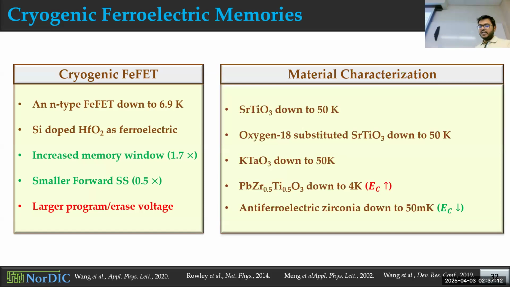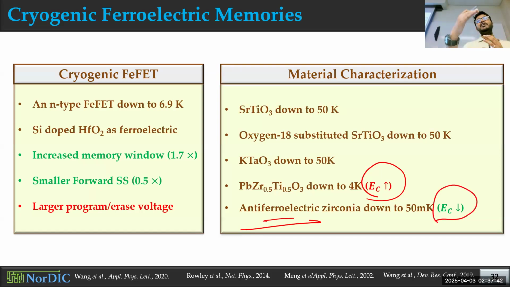And then there are many works that take only ferroelectric materials, not the ferroelectric capacitor or ferroelectric transistor. They took the standalone ferroelectric material and characterized it at different temperatures. And they also reported the same type of behavior. In some cases, their coercive voltage or switching voltages actually increase. For an anti-ferroelectric material, which is not ferroelectric actually, that decreases, because if it increases for ferroelectric, it will decrease for antiferroelectric, right?